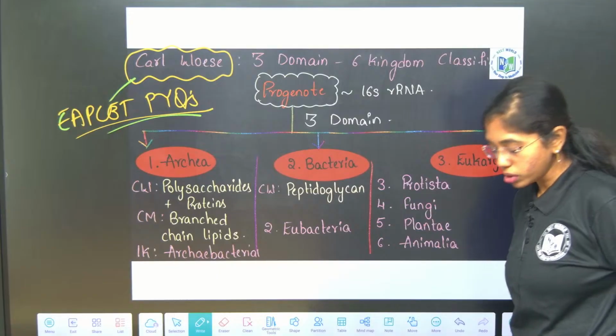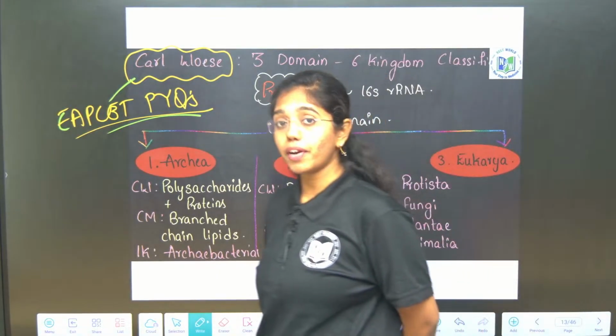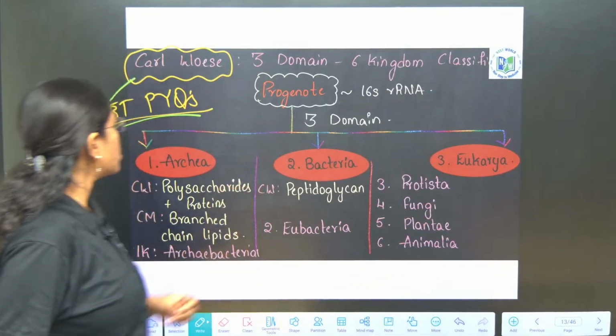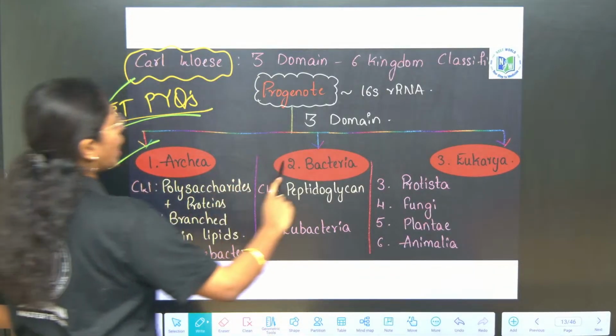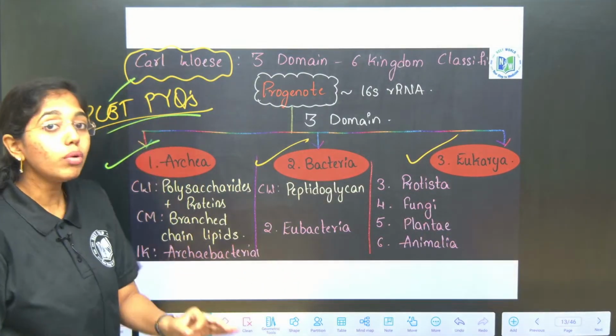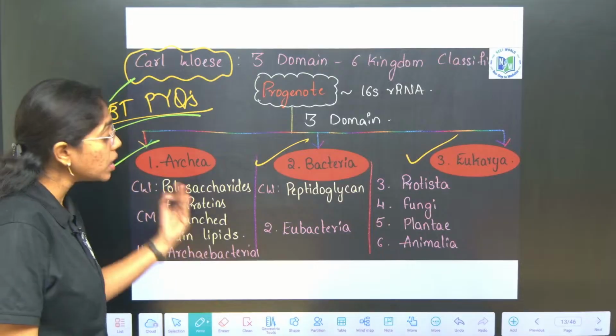According to Carl Woese, he classified living organisms primarily into 3 domains: Archaea, Bacteria and Eukarya, and he included 6 kingdoms under these 3 domains.